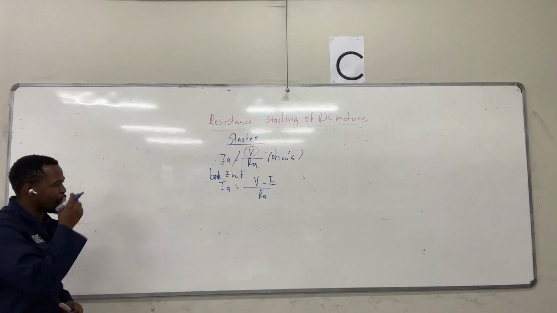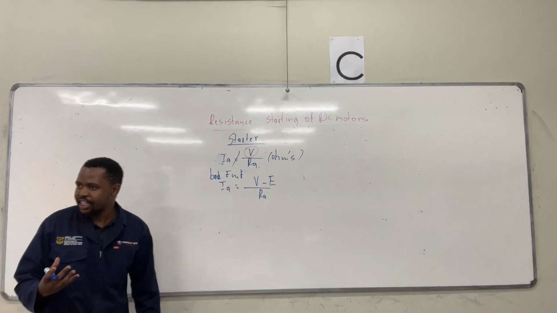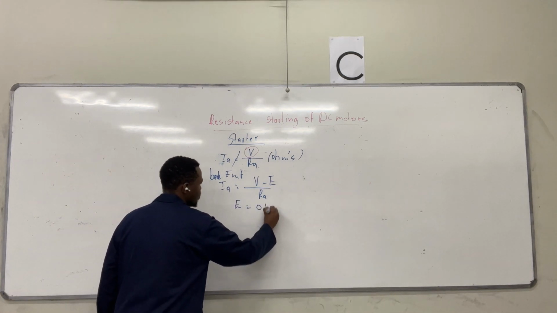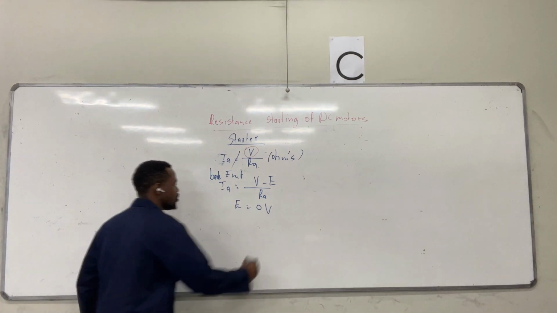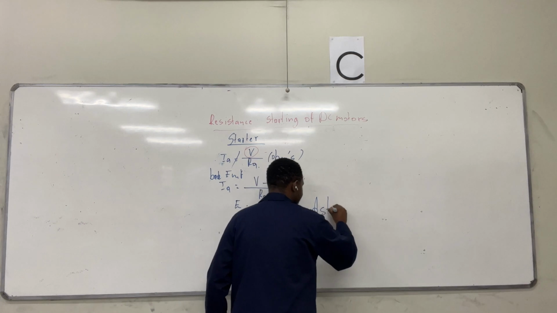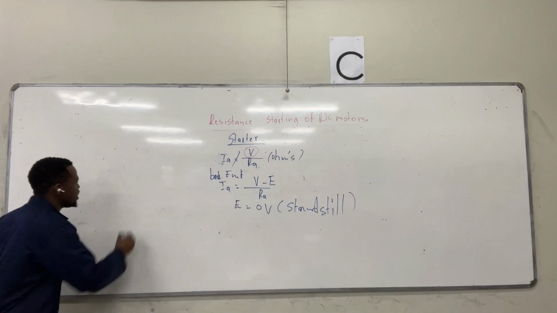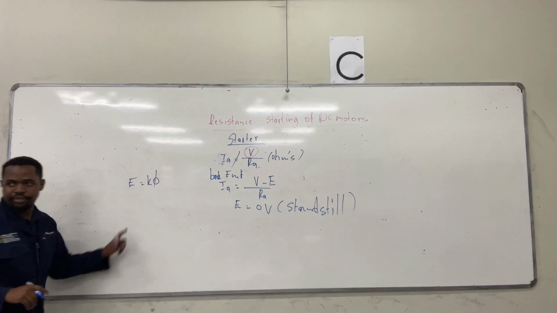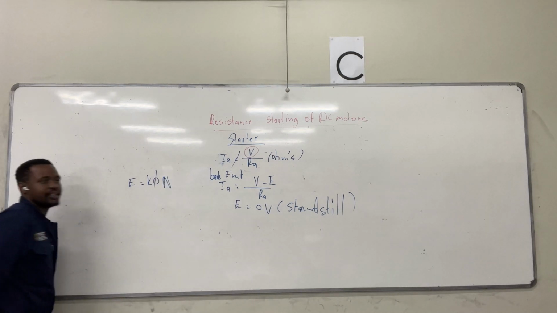Suppose the motor is not rotating. If the motor is not rotating, what is E? Back EMF goes to zero if the motor is at standstill. Remember the EMF equation, E equals K times flux times speed, this is just simplified.